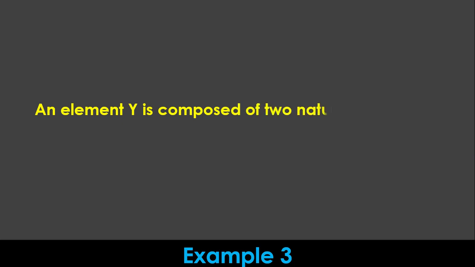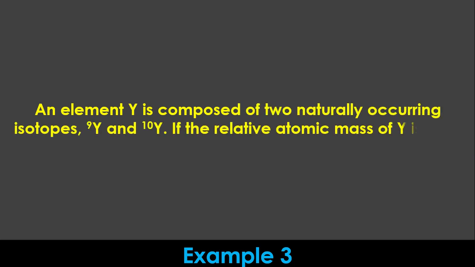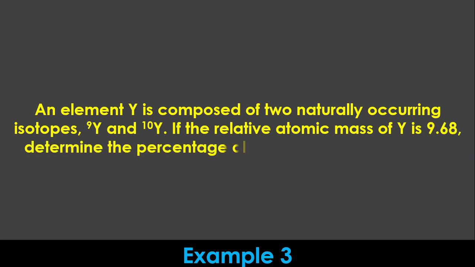Example 3. An element Y is composed of two naturally occurring isotopes, Y9 and Y10. If the relative atomic mass of Y is 9.68, determine the percentage abundance of each isotope.